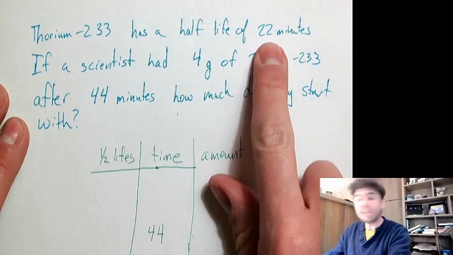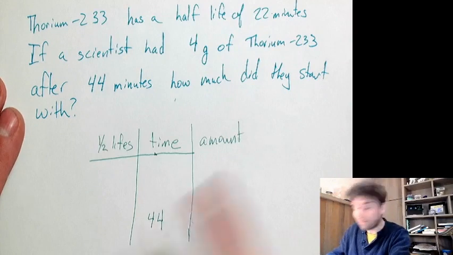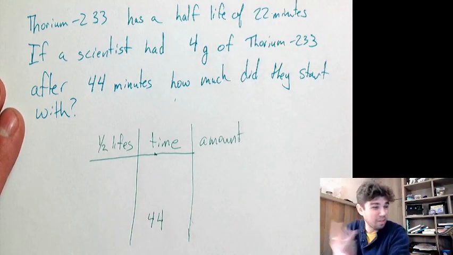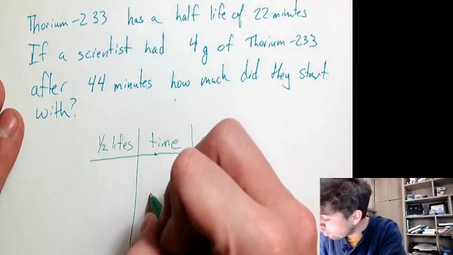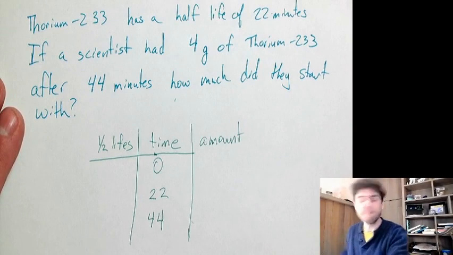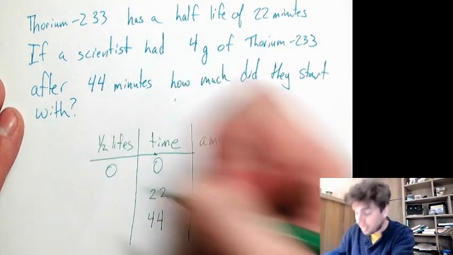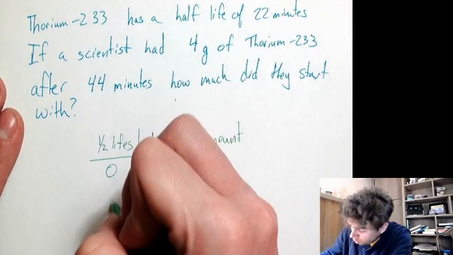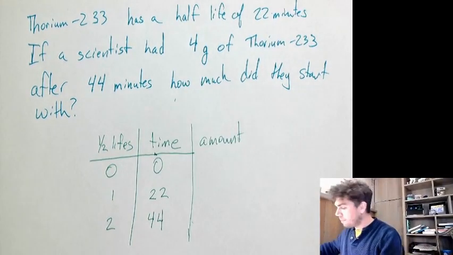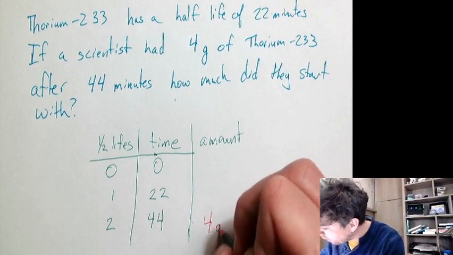Okay, I know the half-life is 22, so I've got to divide 44 by 22 to get that. I can do it 2 times, so I know there's going to be 2 half-lives. So I'm going to go backwards, and it's going to be 22 minutes, and then I know it's going to be 0 minutes. Okay, 0 half-lives, 1 half-life, 2 half-lives.